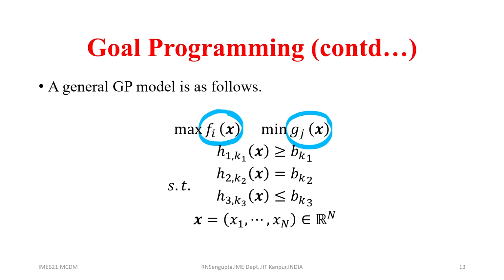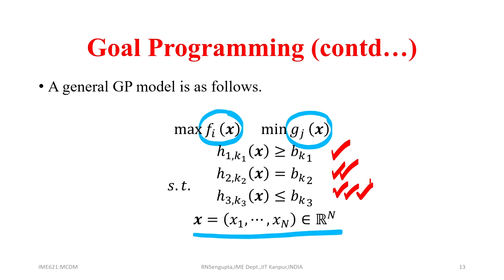X is the set of decision variables, which is of n dimension in the n space, and the corresponding constraints are divided into 3 sets. One is greater than type, which I will put a 1 tick mark in red. The second one is equal to, which I will put a 2 tick mark in red, and the third one is less than type, which I will put a 3 tick mark in red.